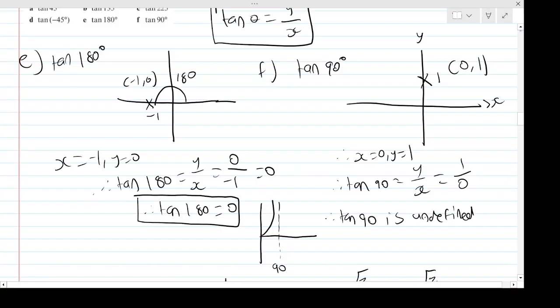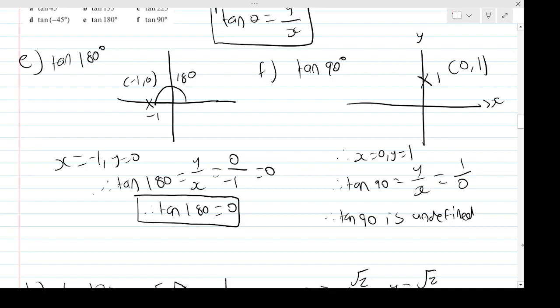That's why it's an asymptote. That's why it looks like the graph 1 over x, because we saw that reciprocal graph had an asymptote because it's undefined at 0. It's the same thing. Tan 90, we get this asymptote at 90 because we're dividing by 0 in this way, right? But there we are.